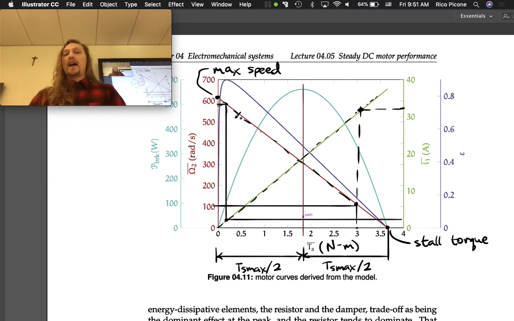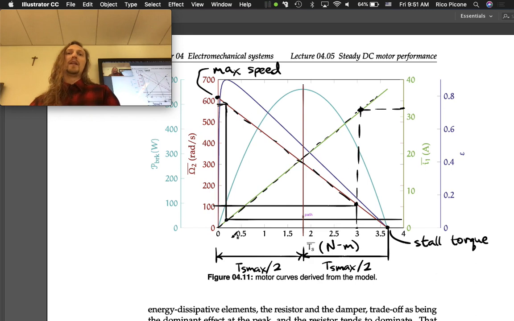But say you're in a situation where you need to haul an electric vehicle, you need to get some big heavy load moving. You want to be at max torque.